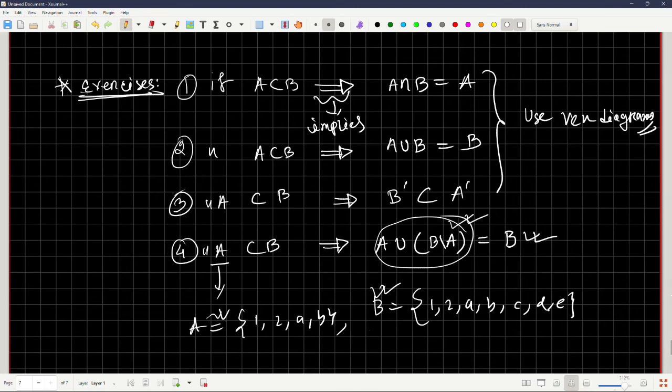First you have to compute B difference A, then you have to take the union of A with that difference, B difference A. You take their union, you will get back B. So try to do these, they might be in your homework exercises. It's just 4 problems, so try to do them maybe.